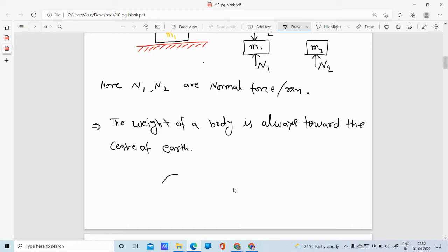That means suppose this is our earth and a person is standing here, then in this direction is the weight, and the normal reaction is the other way.